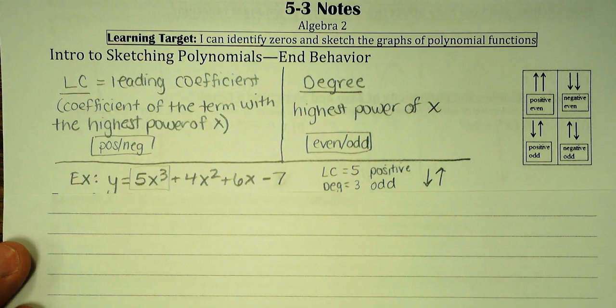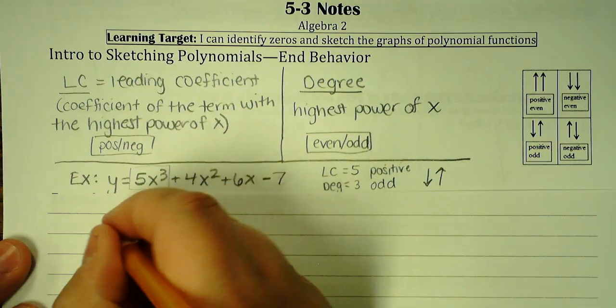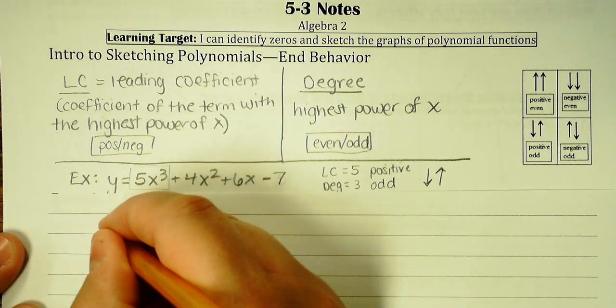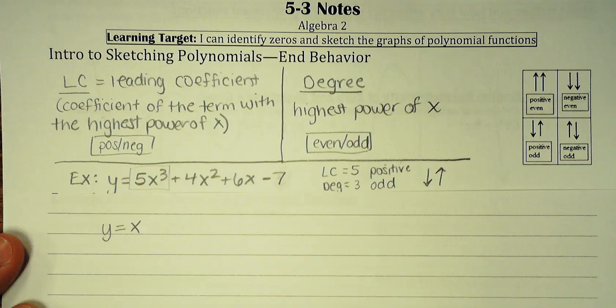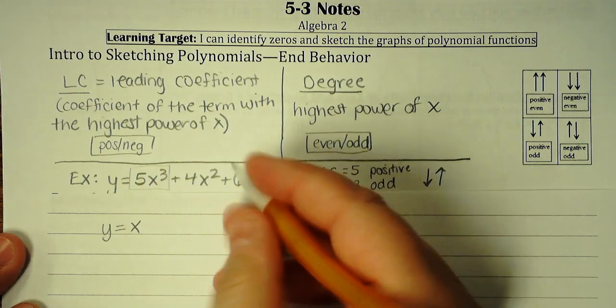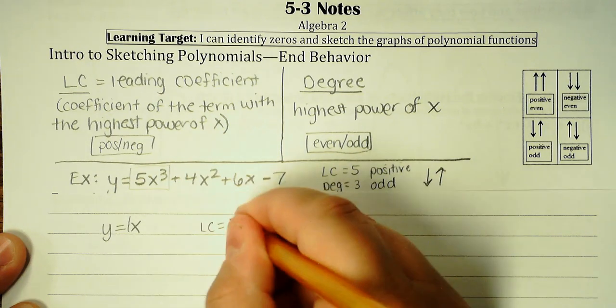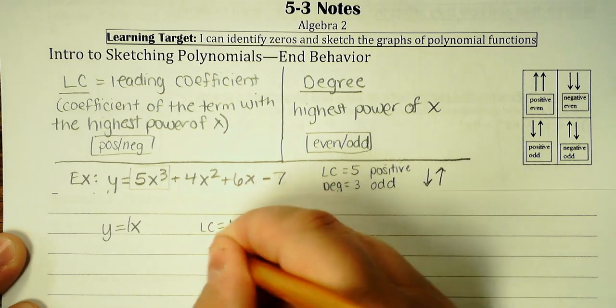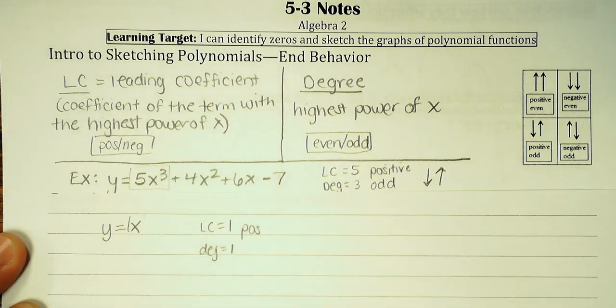Okay, and actually let me start with the odd functions. So the most basic odd function would be a line. So just y equals x. My leading coefficient there would just be 1, so that's going to be positive. And my degree here would also be 1. I just have x to the first.